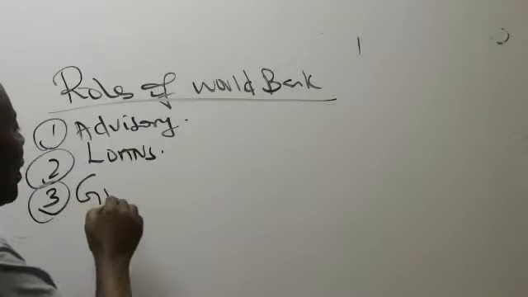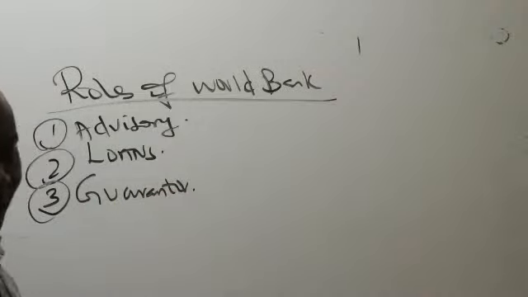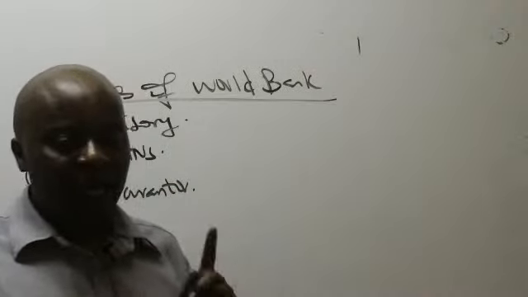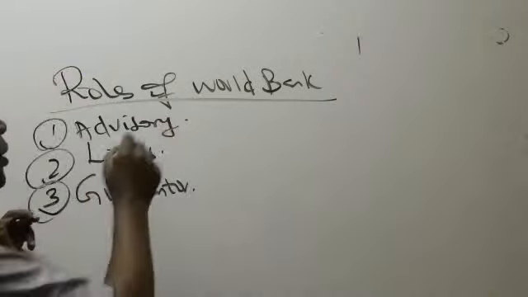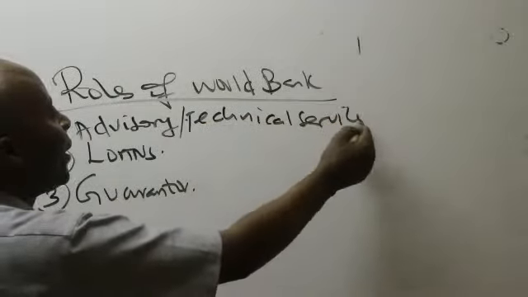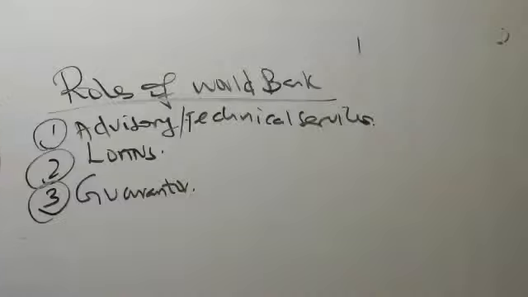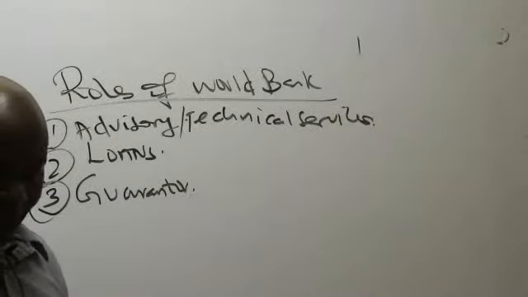I have seen you say about guarantor. It comes in as a guarantor whenever two nations, technical services to member countries, that is the same as advisory. Technical services to member countries, yes. For economic and social development, yes.